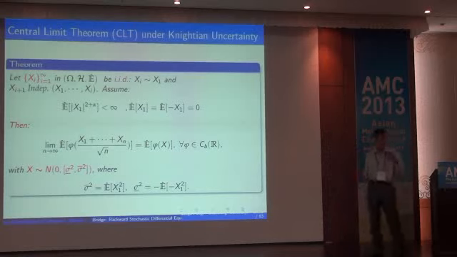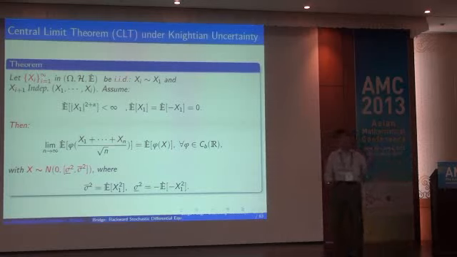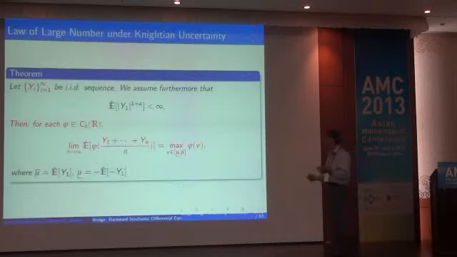The law of large numbers is the same thing. It's linked to a PDE. Everything is linked to PDE now. The law of large numbers also tells us that if Yi is IID, then for each phi we have this converges to phi of v.